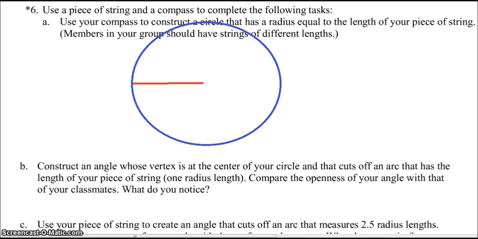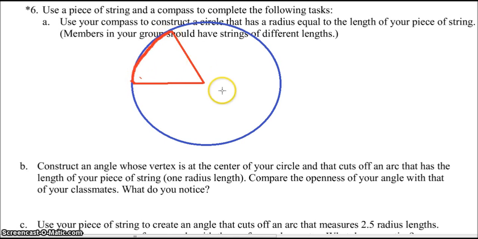Well, if I imagine picking up this string and then taking it and laying it here so that we made an angle, we should notice that about everybody's openness would be the same.